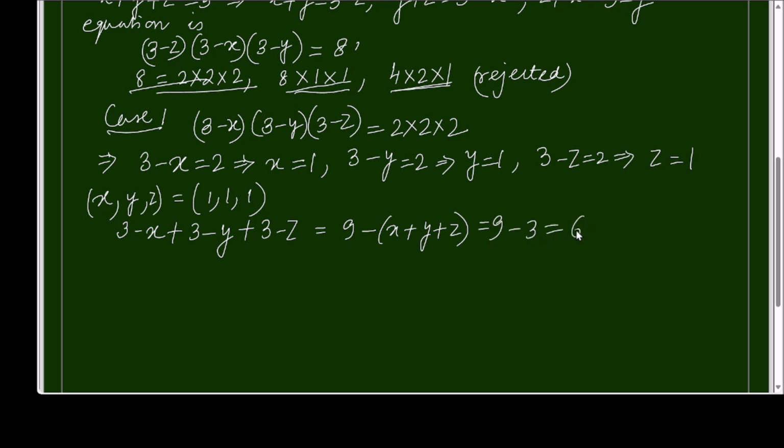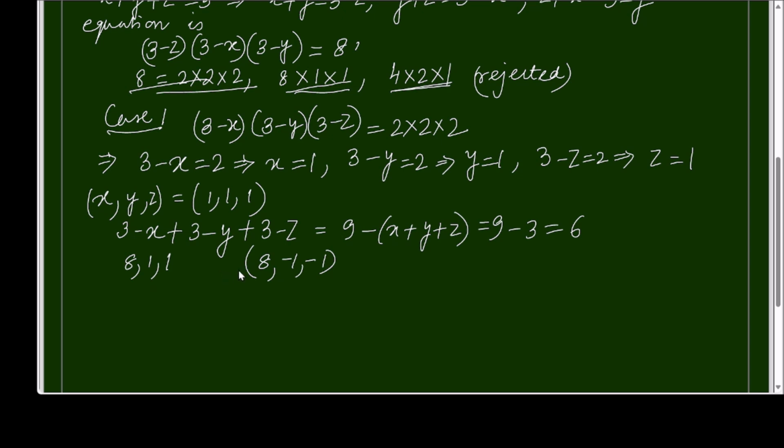That means the sum of the values should be 6. If I take 8, 1, 1 the sum is not 6. Rather, it should be 8, negative 1, negative 1. This gives us 6.